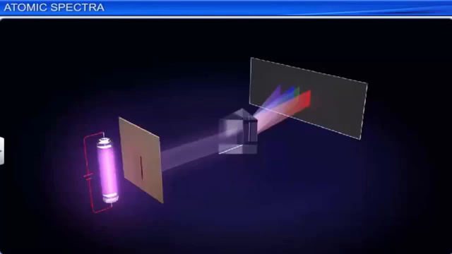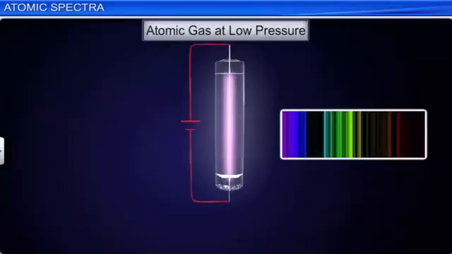When an atomic gas or vapor is excited at a low pressure by passing electric current through it, it emits radiations containing certain specific wavelengths only. Such a spectrum is called the discontinuous emission line spectrum.